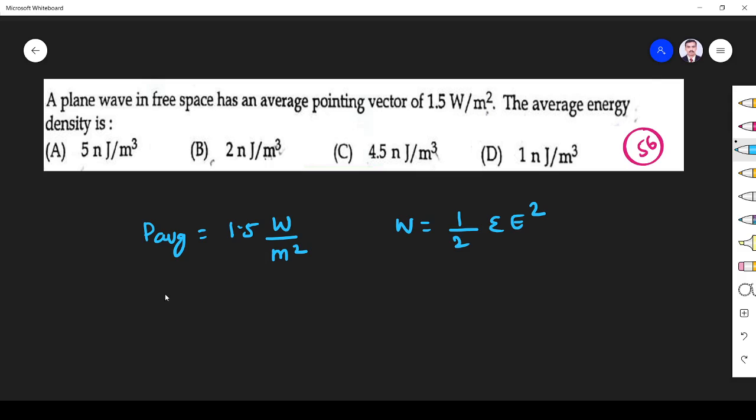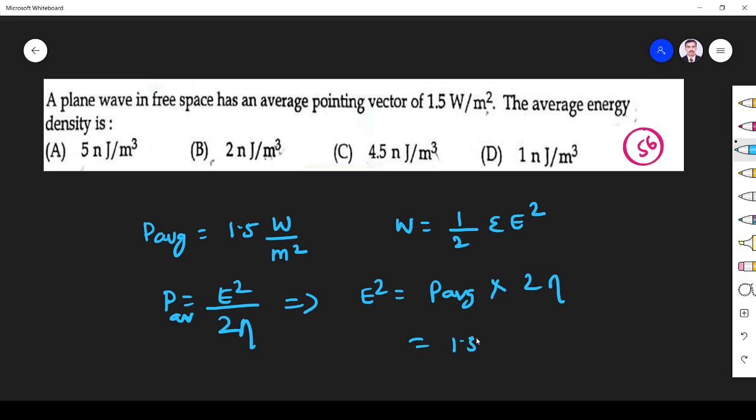The average Poynting vector P is equal to E squared by 2 eta. So E squared is given by P average into 2 eta, that is 1.5 into 2 into eta, the wave impedance 377 ohm.